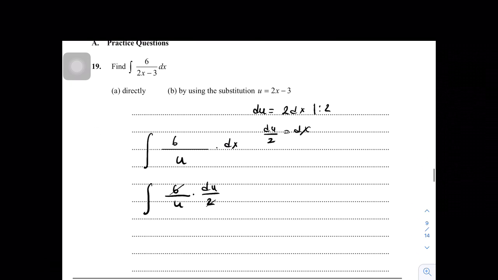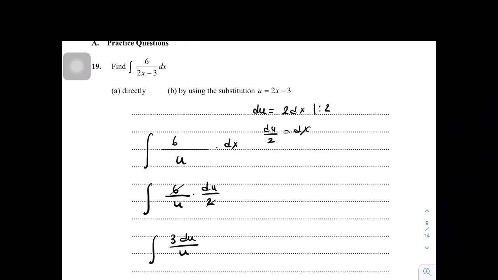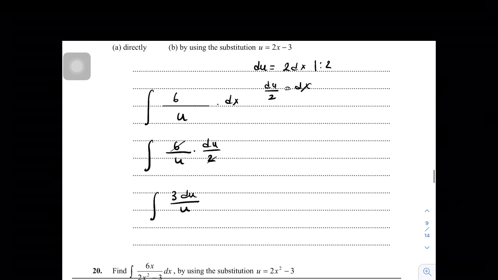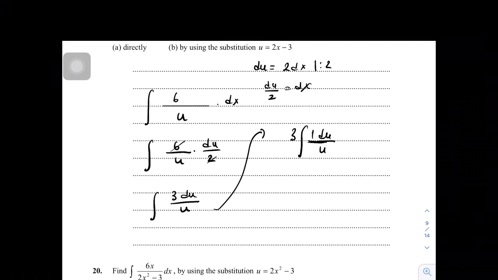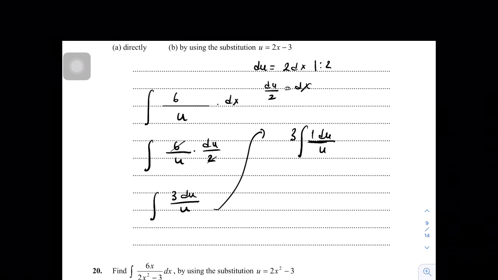So what is left here? 3 du over u. I do not care about this 3, put it in front. 3 du over u. Actually, there's a 1 over here, right? 1 over u. Isn't it ln? So that means 3 ln u plus c. What is the u we said? Substitution: 3 ln (2x minus 3) plus c.